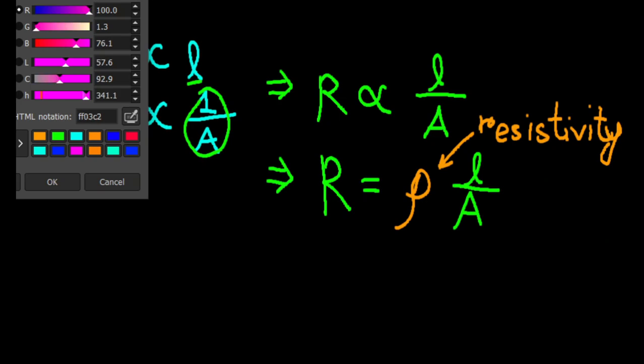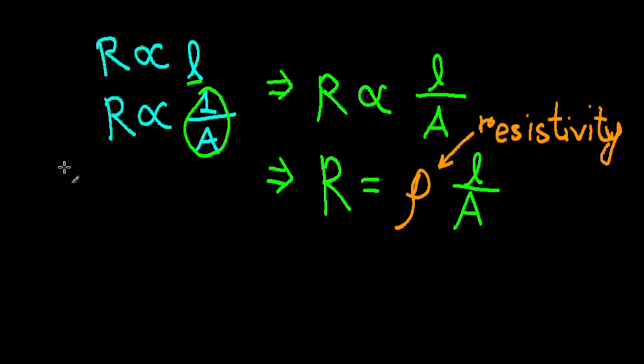In this equation, resistance has a direct proportional relationship with the resistivity rho. But the main thing you can see here is that in this formula we have set aside the length and the area. In other words, we have set aside the dimensions of our object.